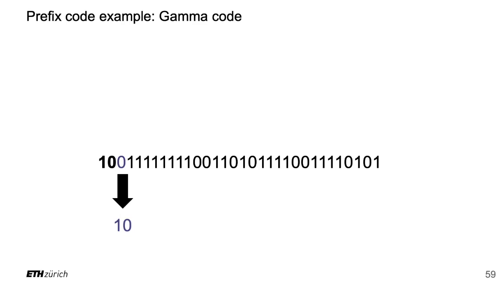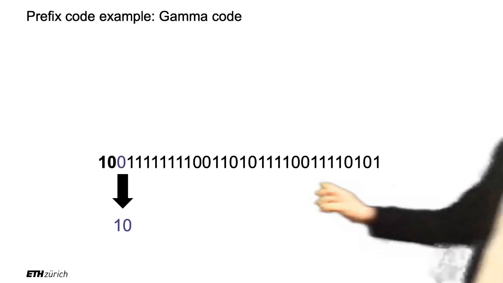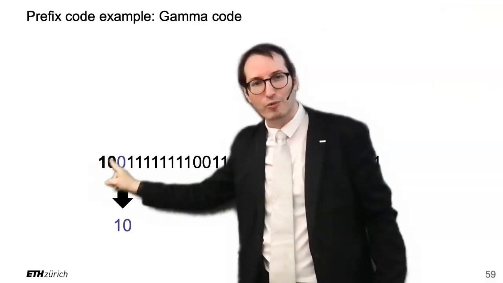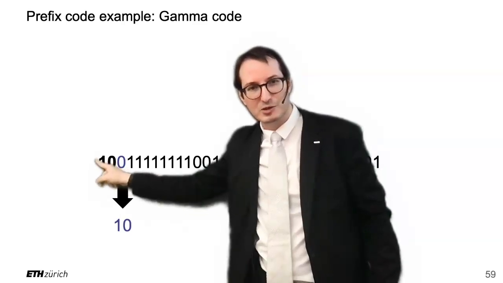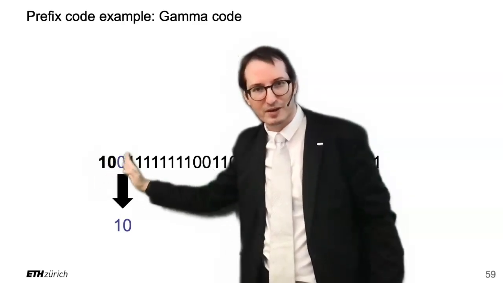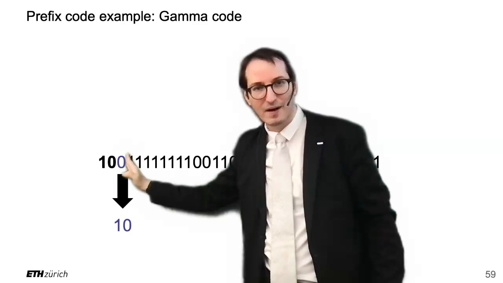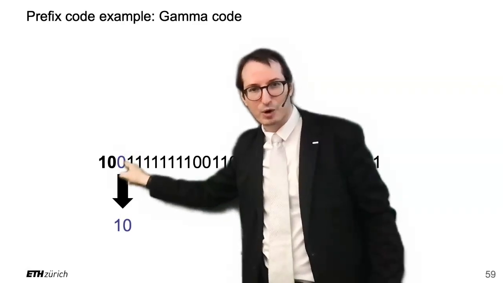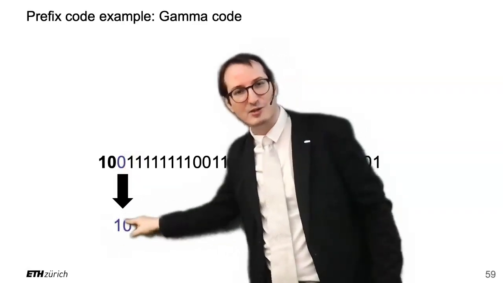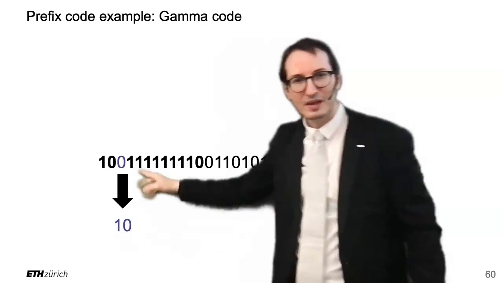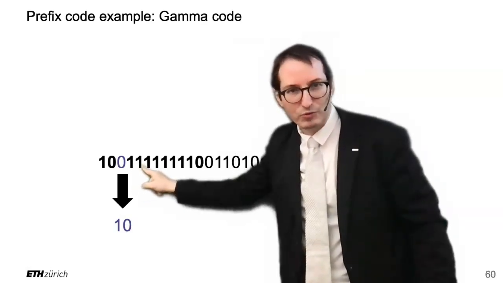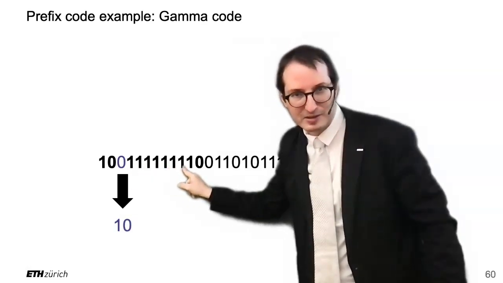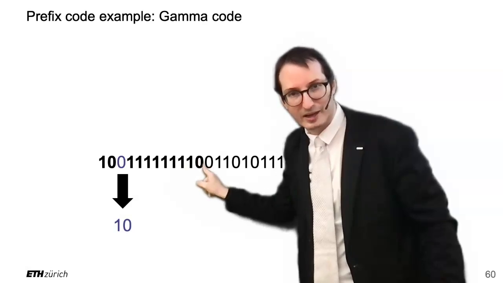So basically, the way that the gamma codes work is that you count the number of ones until you reach a 0. So here there's just one of them, so you read one more bit. Then you cut here, you know that it stops here, and then you take that purple bit and add a 1 on top. So that's the number 2 in base 2. Next one, how many ones? 1, 2, 3, 4, 5, 6, 7, 8 ones, and then a 0.